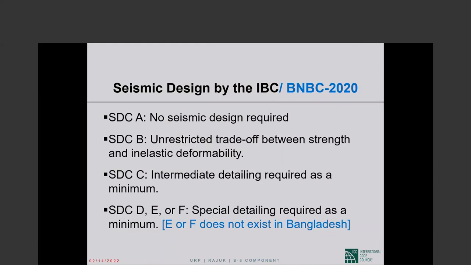Design category C: trade-off is not unrestricted anymore. Intermediate detailing is required as a minimum. And if your design category is D, then it is not unrestricted at all. You have to provide special detailing as the minimum level of detailing.